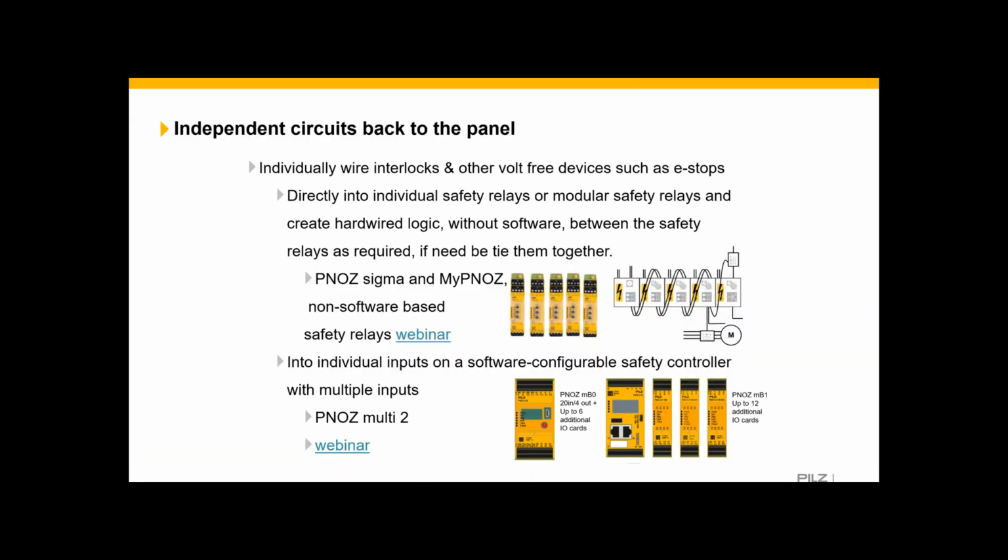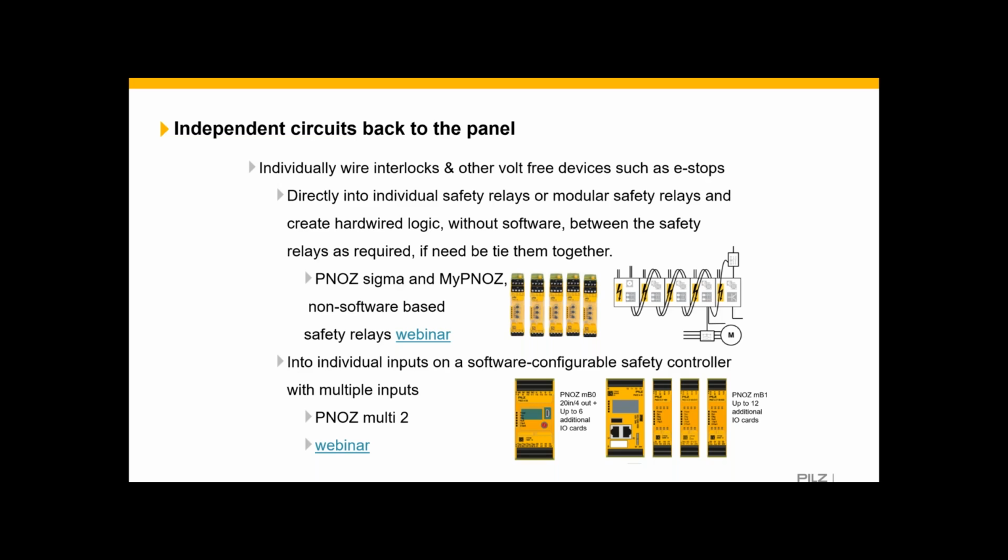So how do we overcome fault masking? We could individually wire interlocks and other fault-free devices, such as e-stops, directly back to individual safety relays or to modular safety relays, and create hardwired logic without software between the safety relays as required.